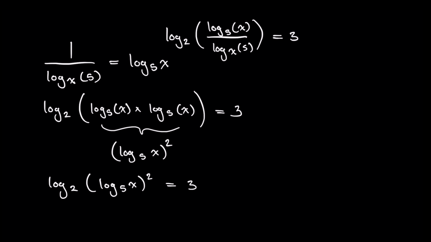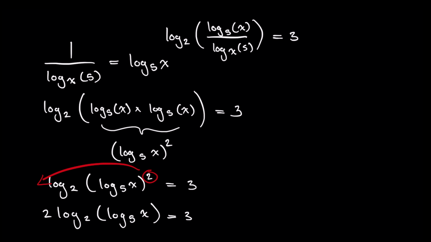And from here, we can use that exponent identity to bring down this exponent over here. So this is going to leave us with 2 times log base 2 of log base 5 of x. So things have definitely gotten slightly simpler here.